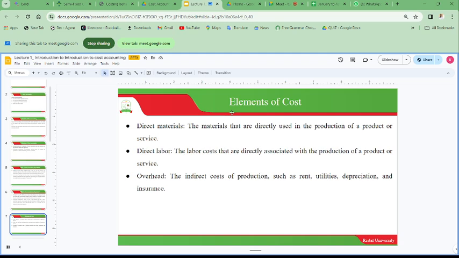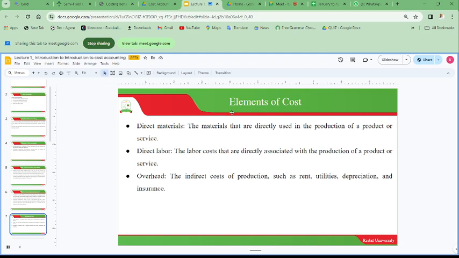Examples of direct materials: wood used in furniture manufacturing, fabric used in clothing production, flour or ingredients used in baking, raw materials used in chemical products, and components used in assembling electronics. So those are some of the examples of direct materials.